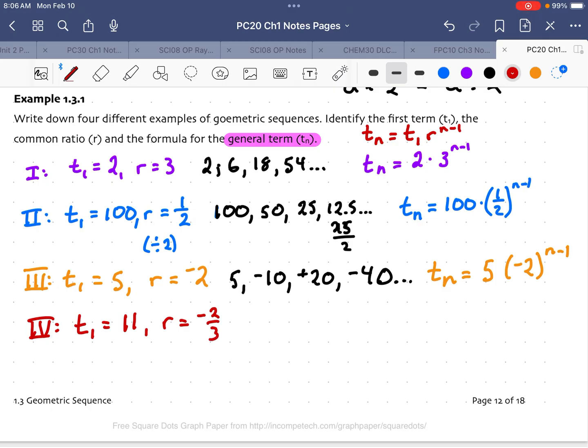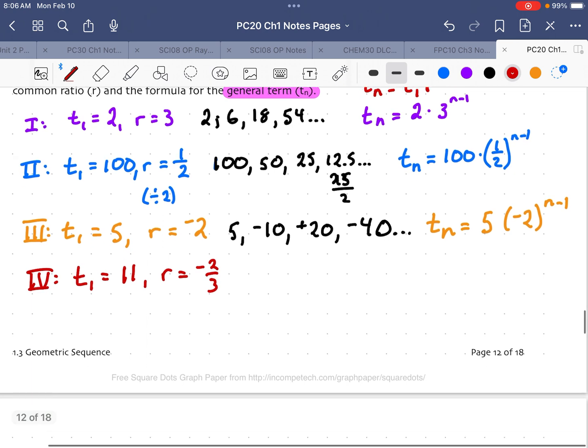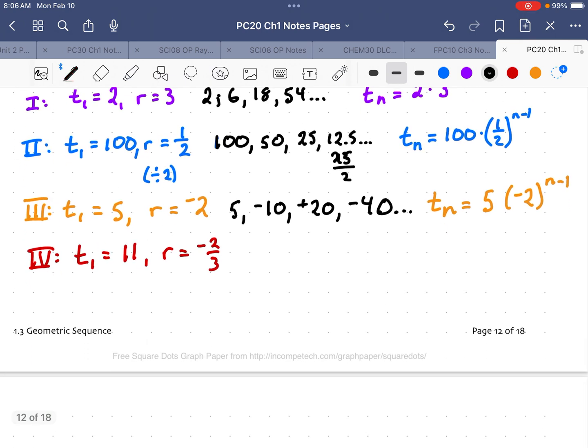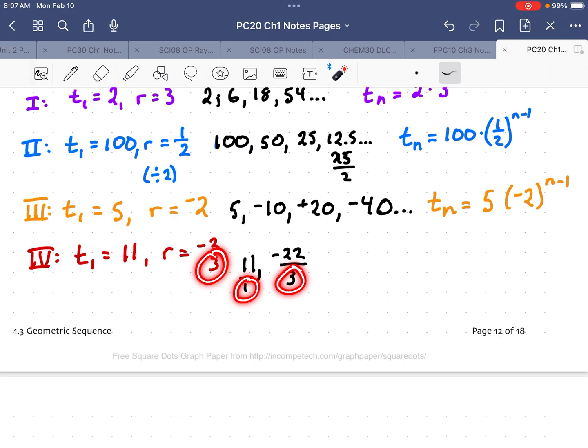This is not easy to multiply out and get decimal numbers for. So we need to use fractions. First term is 11. Then we multiply by negative 2/3. So we get negative 22 over 3, right? Because our first term is 11 over 1. And we just take our 1 and times it by 3 to get 3.